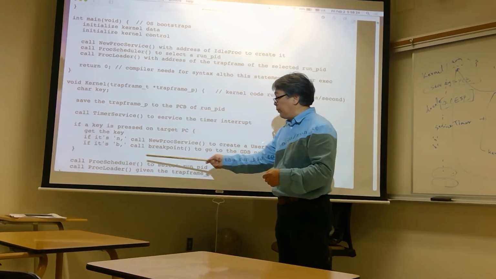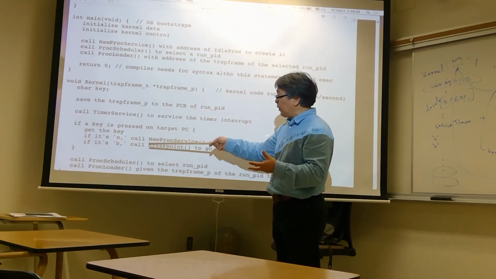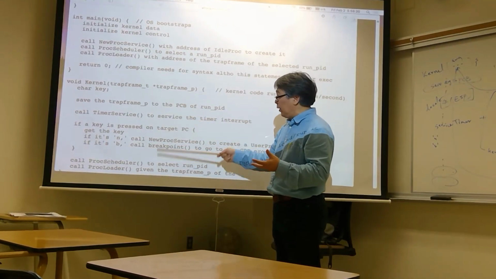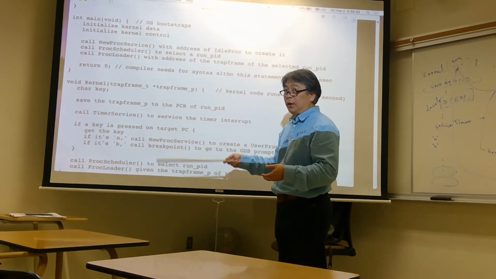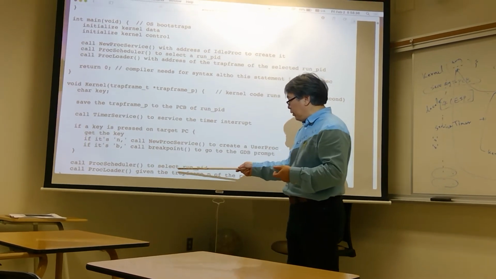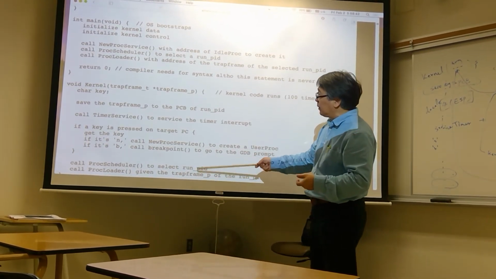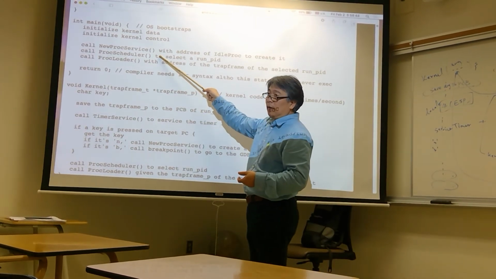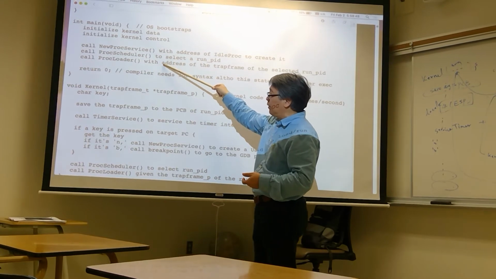So you can always push the B key to test if this kernel is going. If it's not going, probably the timer interrupt is not happening. Then call the process scheduler and then load the process. The last two statements are similar to the bootstrap, which also has the last two statements.